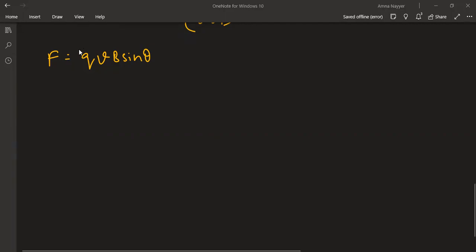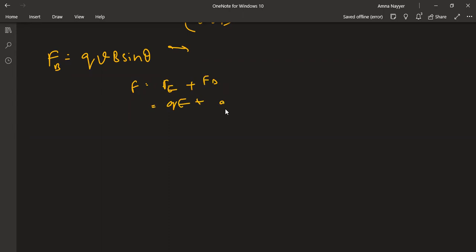So F is QVB sine theta. This is your Lorentz force, basically the magnetic force. So the total Lorentz force is the combined force, that is electric force plus magnetic force, which is QE plus QV cross B. So you take Q times E plus V cross B. This is the net force.